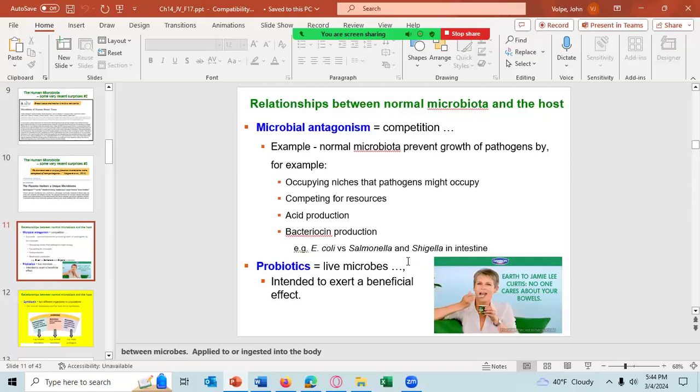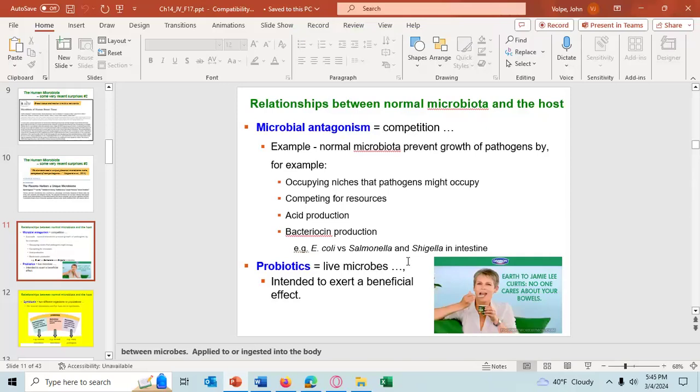You can think of a bacteriocin as an antibiotic because it has a similar effect. The difference is it's much more specific than an antibiotic. The best we could do with an antibiotic would be to only stop the growth of gram negatives. And as you know, we have many gram negatives as part of our normal microbiota in our gut.